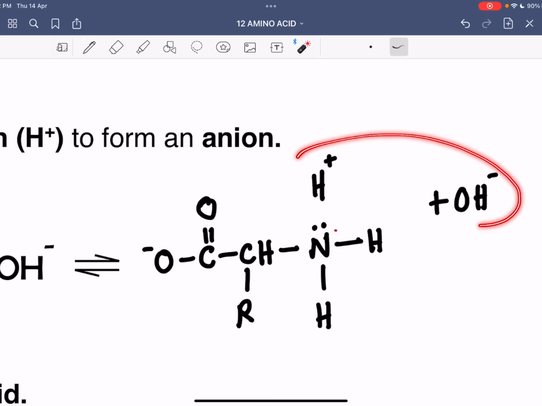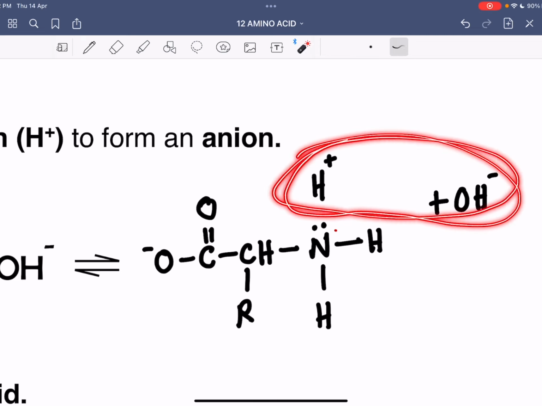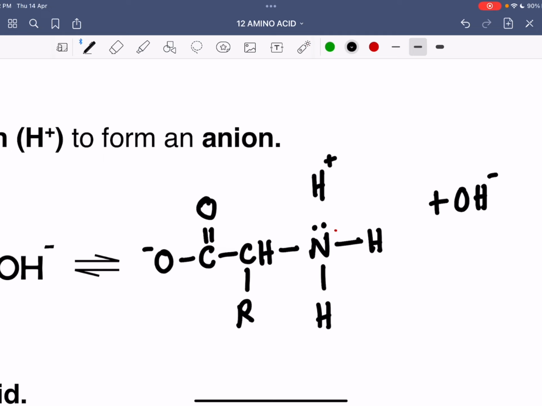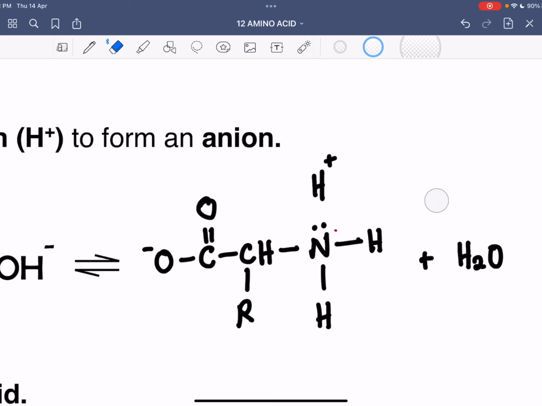So these two will react together to produce H2O. But the O is still negative here.